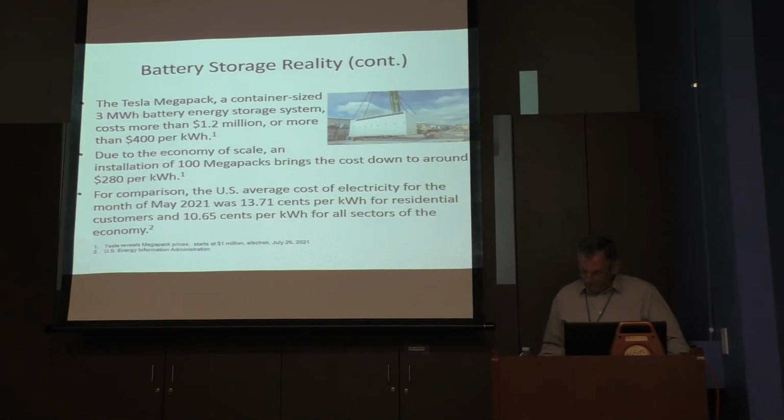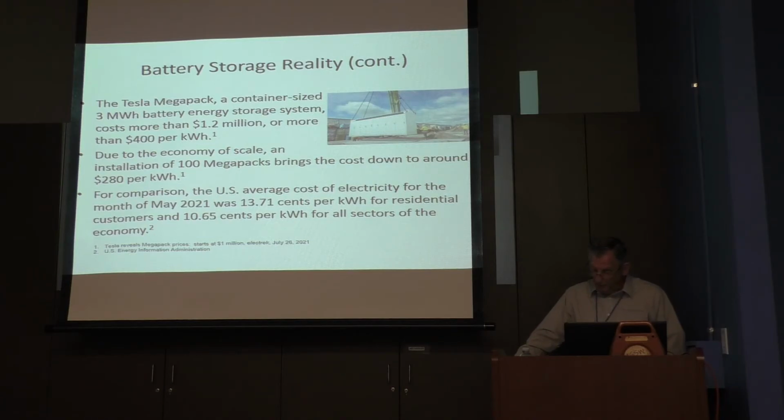So let's look at a currently affordable battery energy storage system. The Tesla Megapack, which is a container-sized 3 megawatt hour battery energy storage system, costs more than $1.2 million, or more than $400 per kilowatt hour. Now, due to the economy of scale, an installation of 100 of these megapacks brings the cost down to around $280 per kilowatt hour.